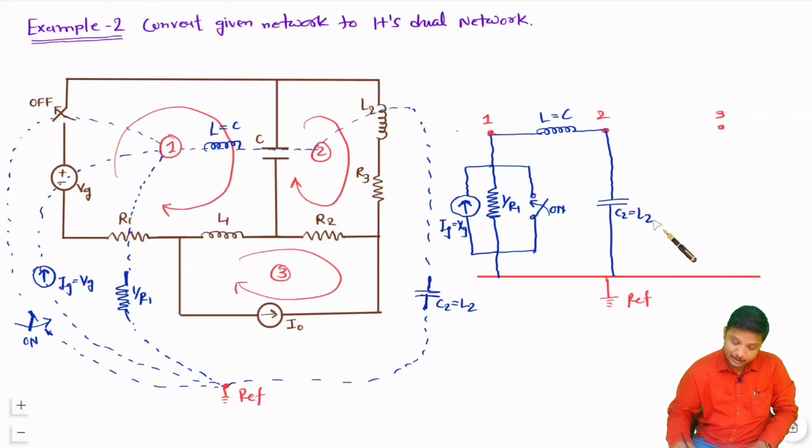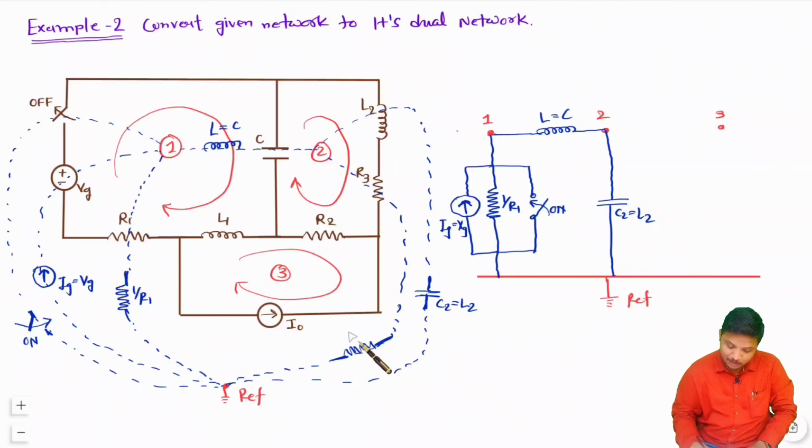So from node 2 to reference we will have a capacitor, and the value of this capacitor C2 has to be L2. Now you see this R3, which is there from node 2 to reference. This R3 gets converted into a transconductance, and its value will be 1 by R3. So from node 2 to reference we will have a transconductance with value 1 by R3.